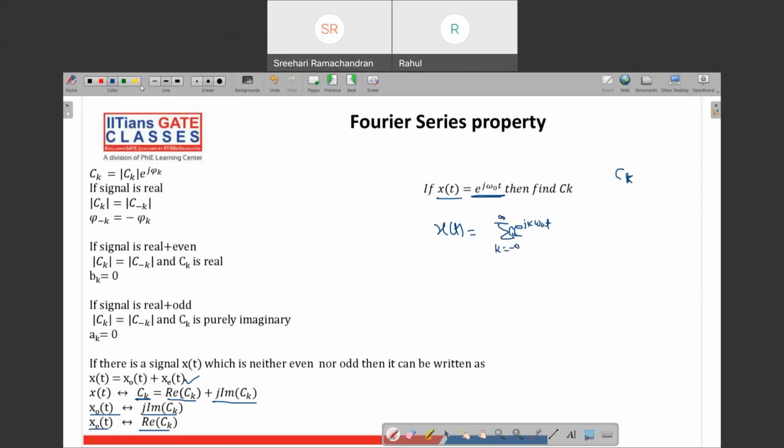When you compare, you will see that only for k equal to 1 you have a ck. For the rest of the values of k, it is 0. So in this case c1 will be equal to 1. You don't have any other term here.